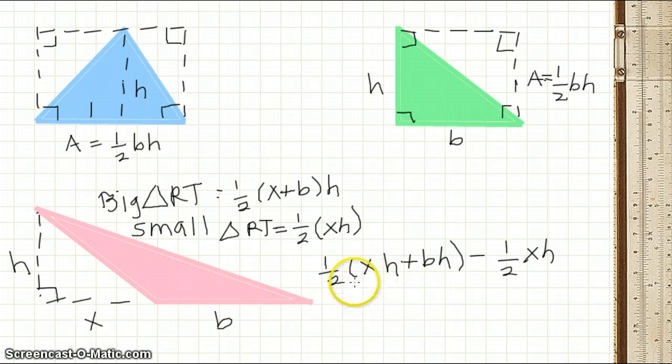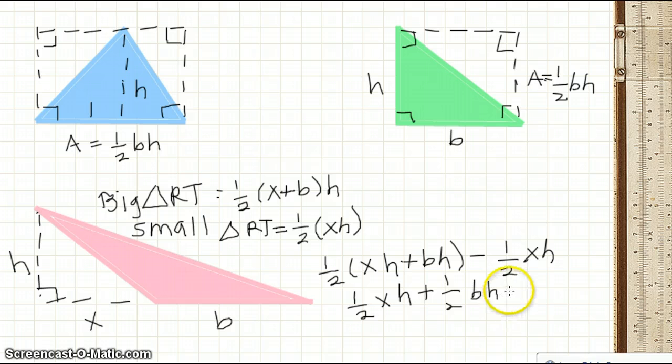Our next step is to distribute our 1/2 into what is in the parentheses. So now we have 1/2 xh plus 1/2 bh minus 1/2 times xh.